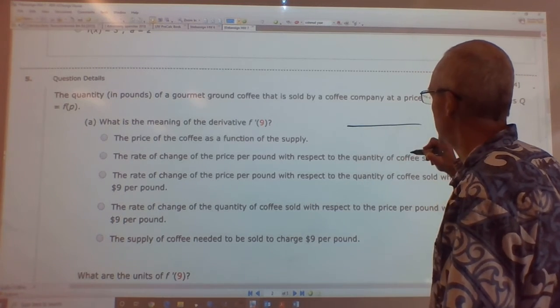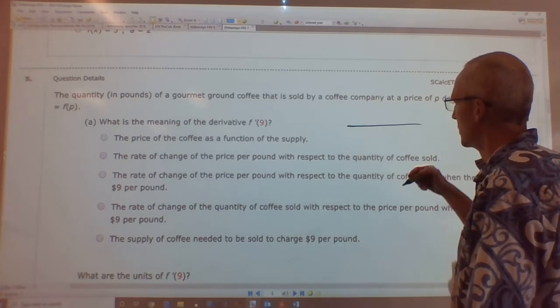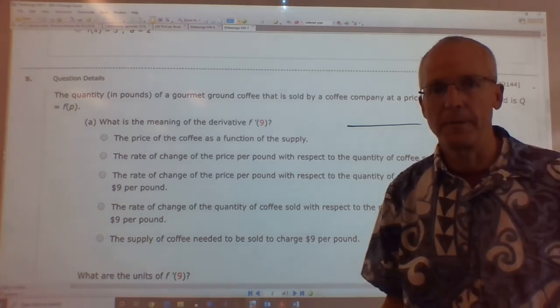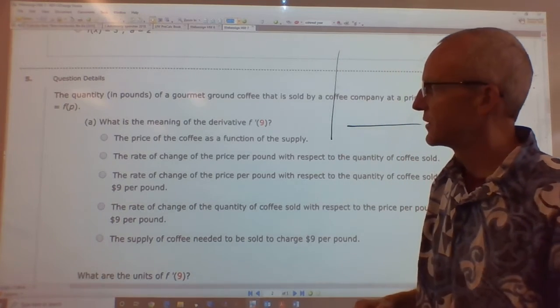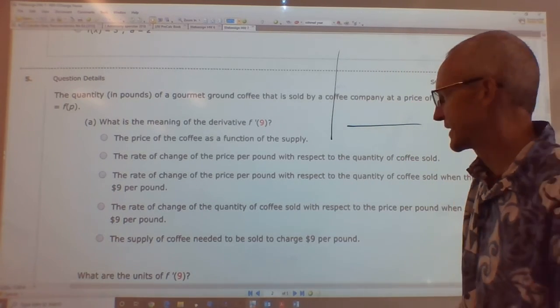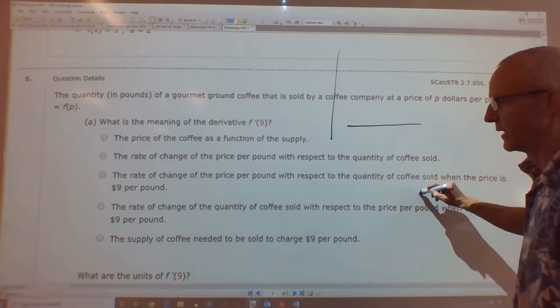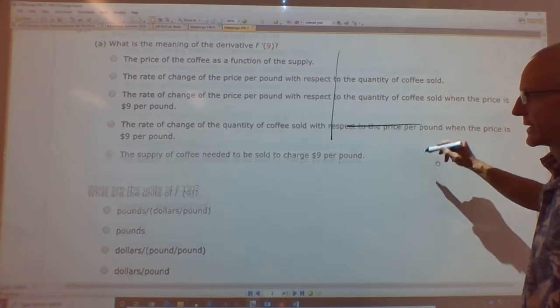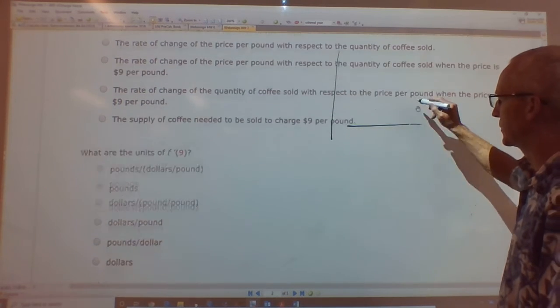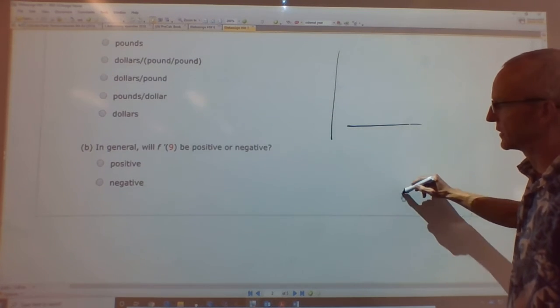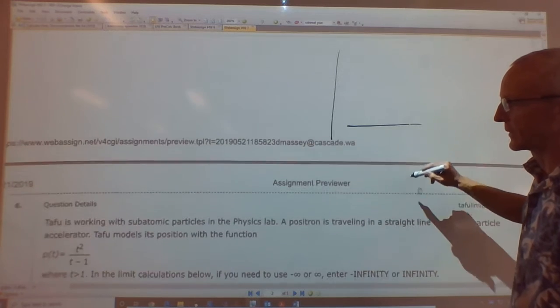Not changing at all is a constant slope, which means the derivative is 0. And infinite change means the derivative is undefined, an infinite slope. Typically it's something units per time, or how something's changing per pound, or whatever. So you can think about that.